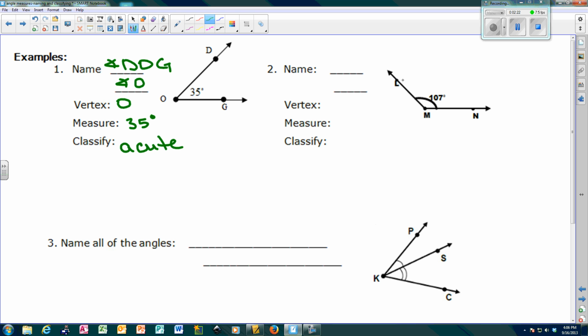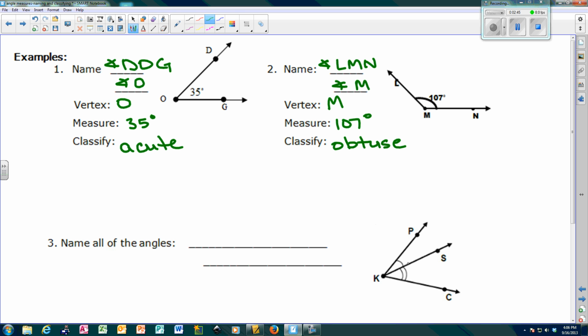This angle is angle LMN because M is where it bends. So angle LMN, or since there's only one M, we could also call it angle M. The vertex is M. The measure is 107 degrees, and this one is obtuse.